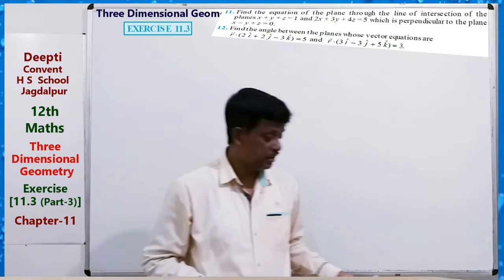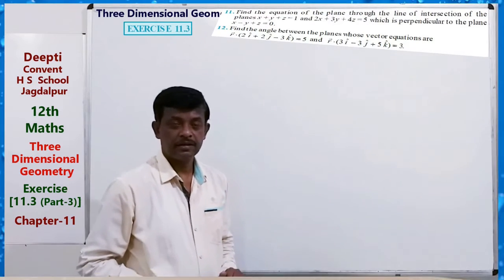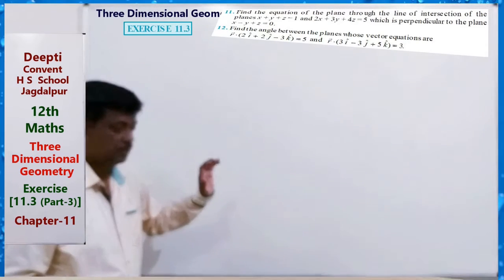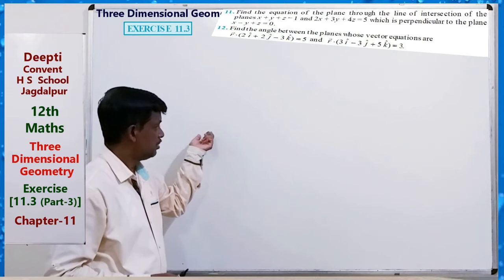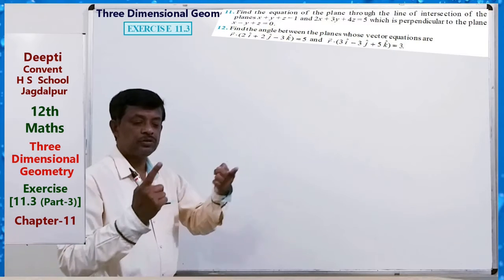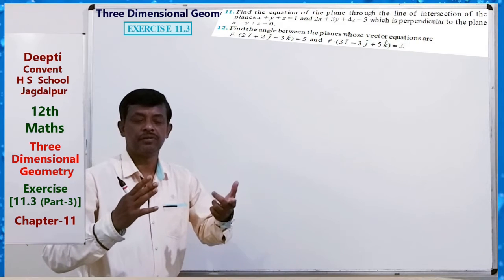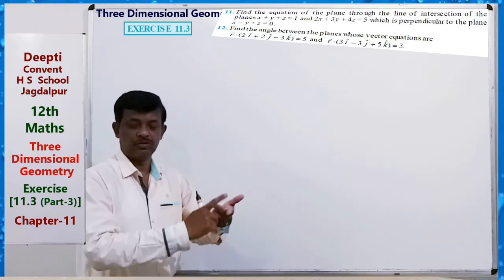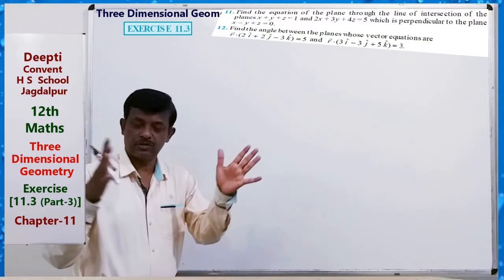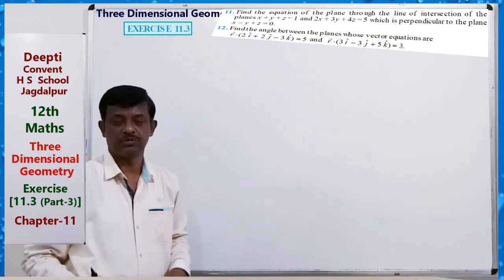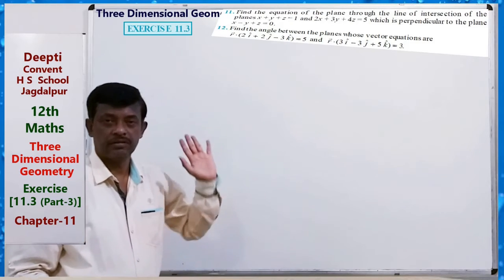So we can use the logic that two normals are perpendicular. That means the sum of products of the direction ratios of the normals is equal to 0. By using that condition, we can find the value of lambda.